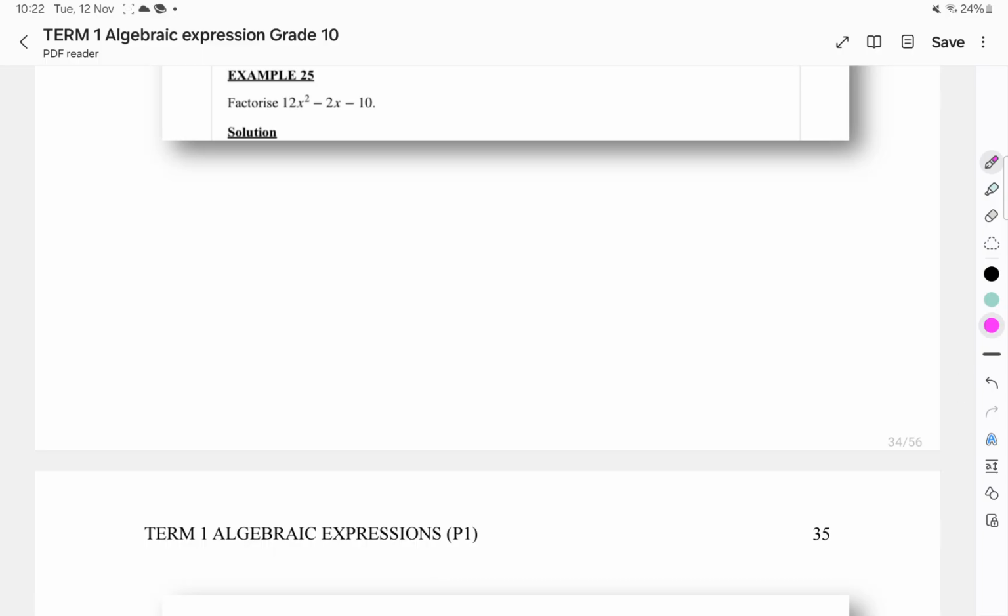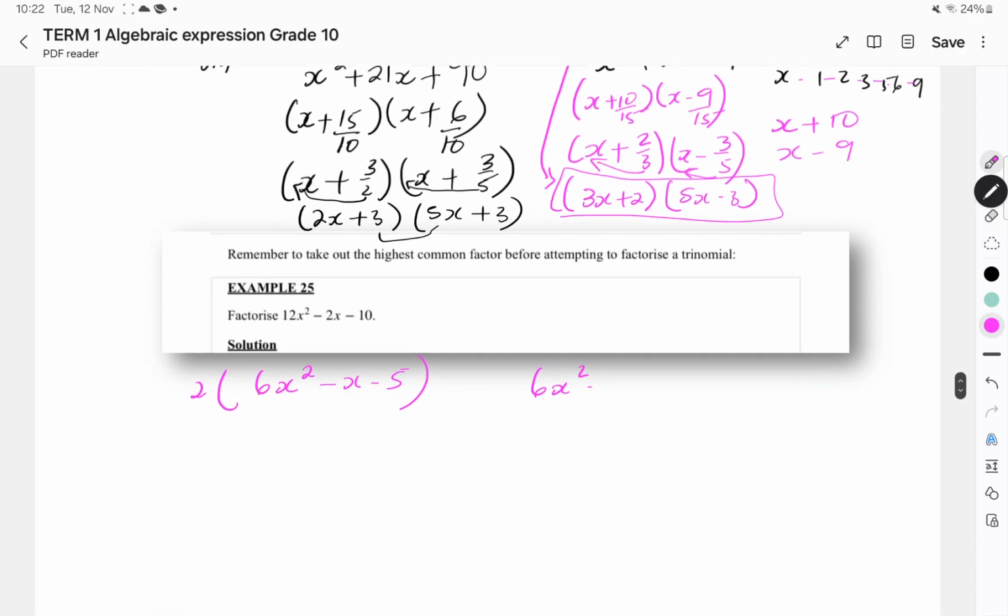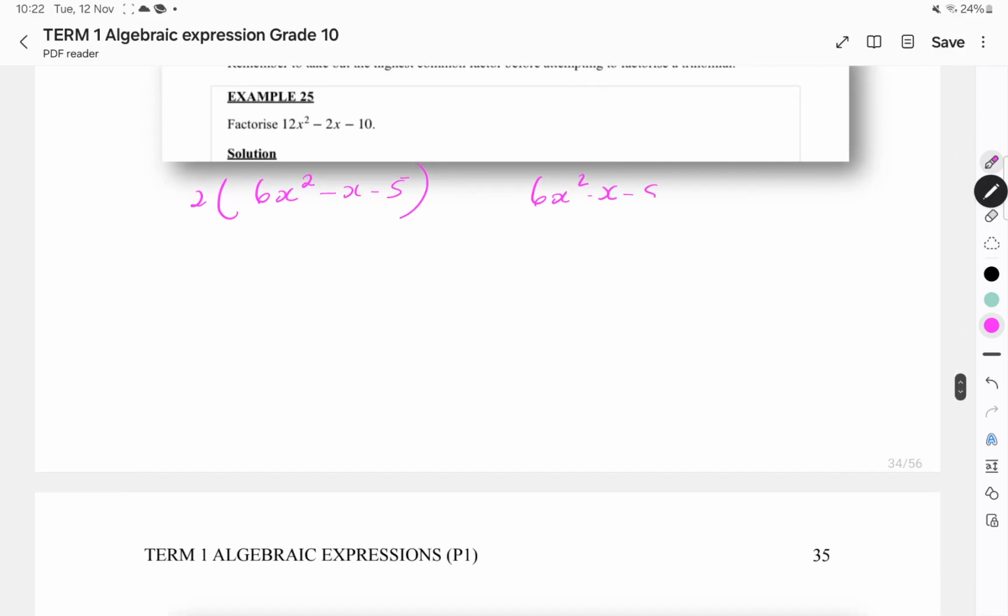Factorize example 25. I have a common factor here, 2. I take it out. It's 6x squared minus x minus 5. So I'm having 6x squared minus x minus 5.